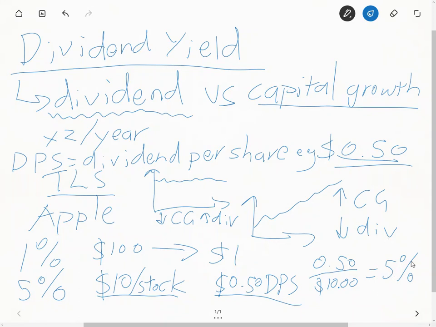And that allows you to compare that to, for example, how much money you're earning in the bank. Because if you're earning 1% in the bank, then that's not as good as 5%, right? So you can kind of think of it as an interest rate. It's not quite, because this 1% is basically fixed. I mean, the bank can change it.